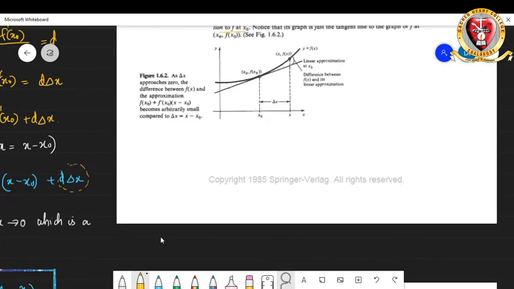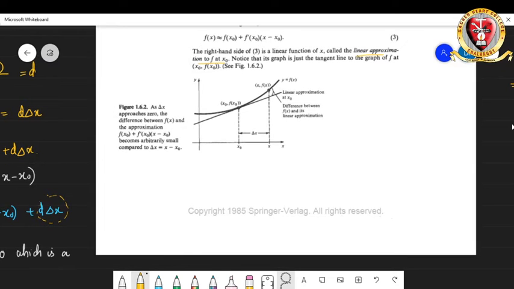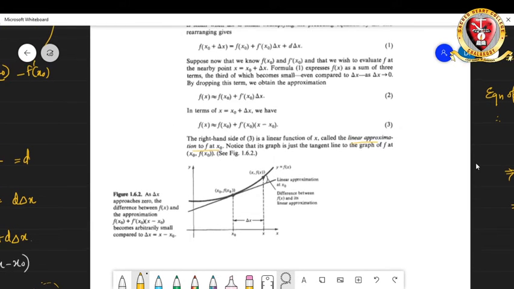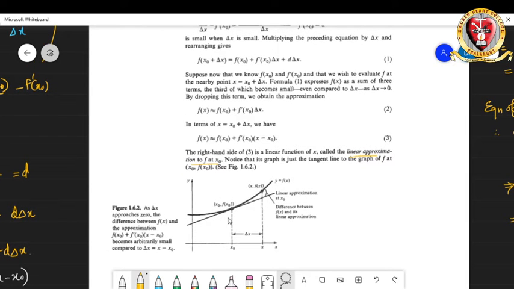So now we are going to work along this section on linear approximation. You can see in the figure that this is a curve, the function y is equal to f of x. The linear approximation at x naught is shown there.